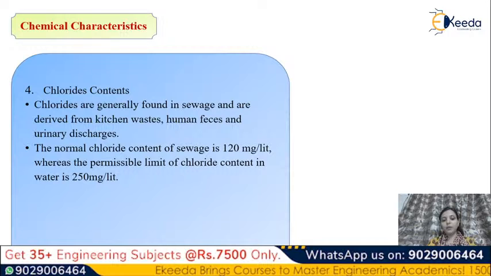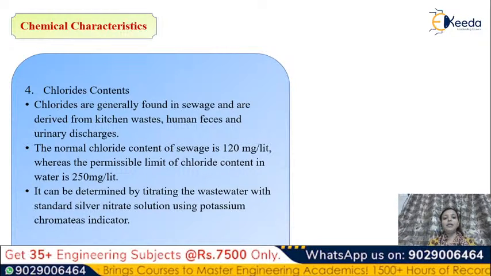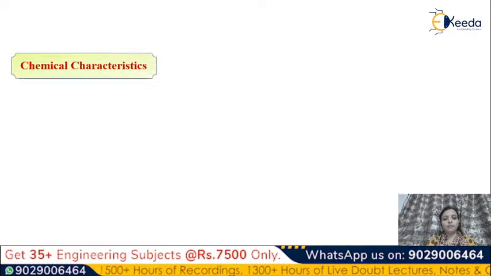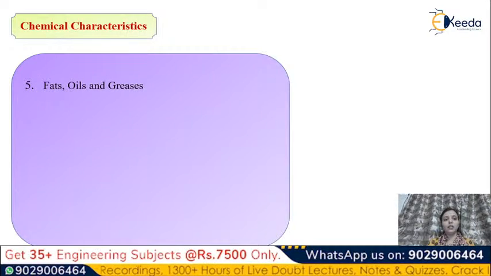That is your permissible limit. It can be determined by the titration method: titrating the wastewater with standard silver nitrate solution using potassium chromate indicator. That is again a chemical process, and you can do that experiment in your laboratory.